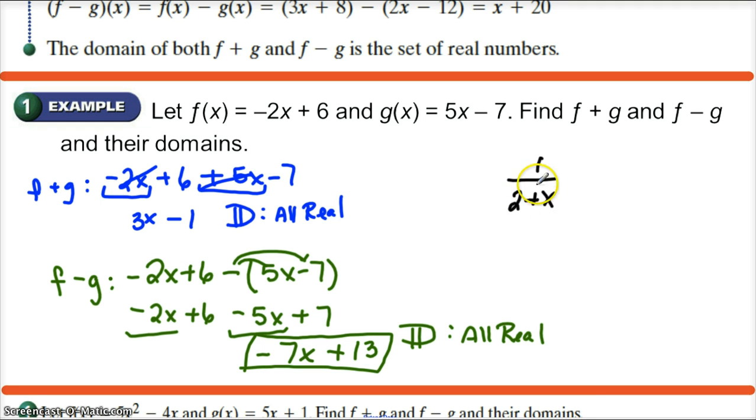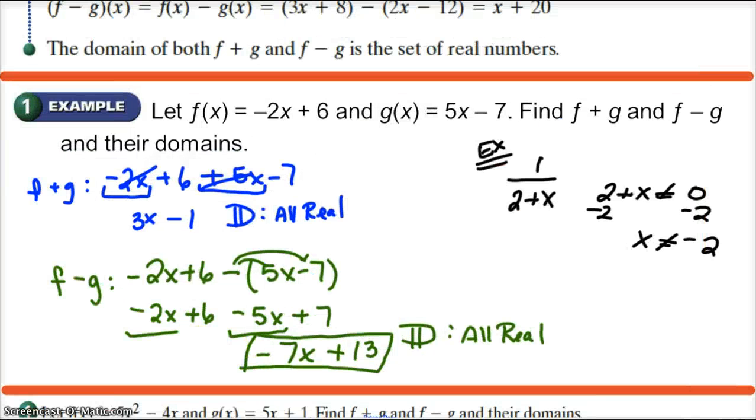You cannot have a denominator equal to 0. So again, this is just an example. So 2 plus x cannot equal 0. So subtract 2. So you would have x cannot equal negative 2. It would be all real except x is negative 2. Pretty cool, huh? All right.